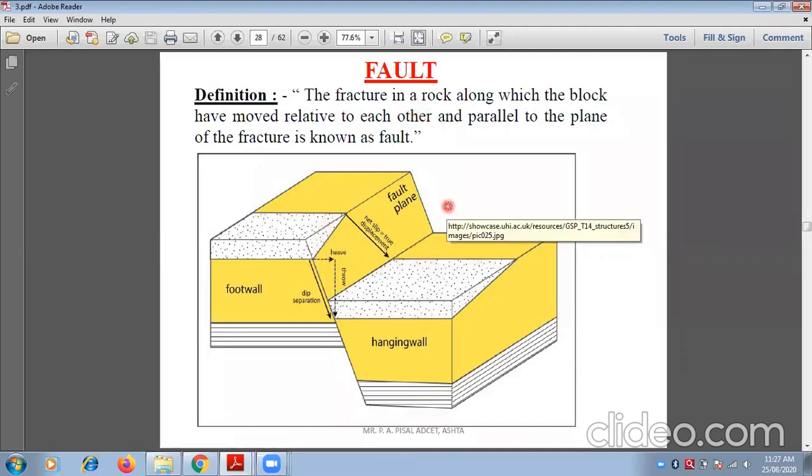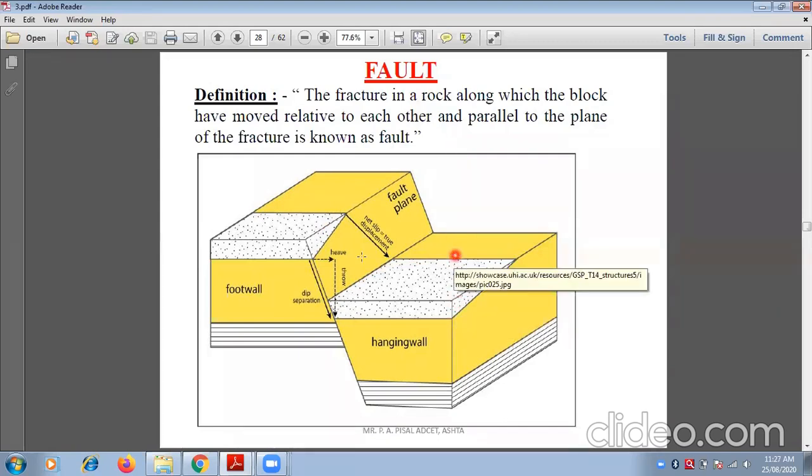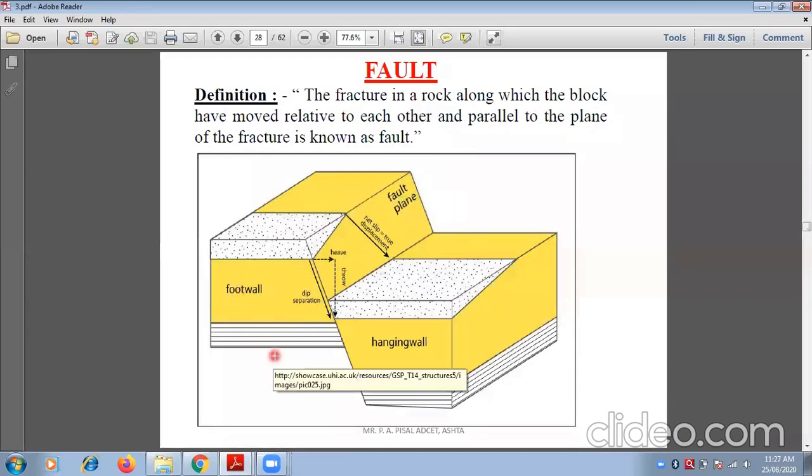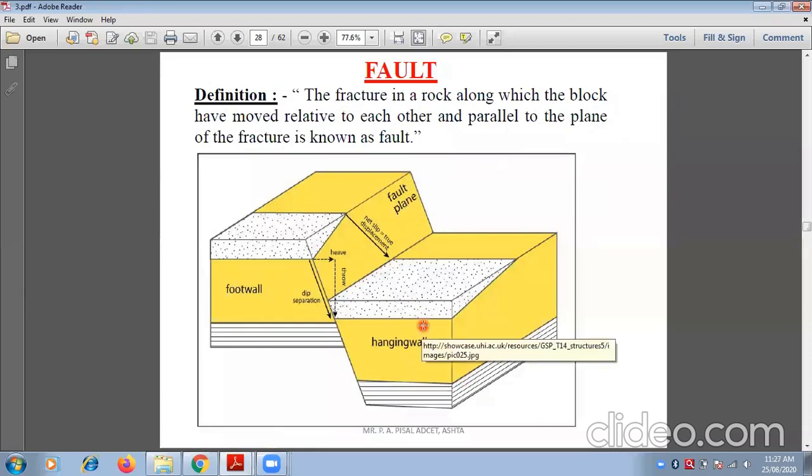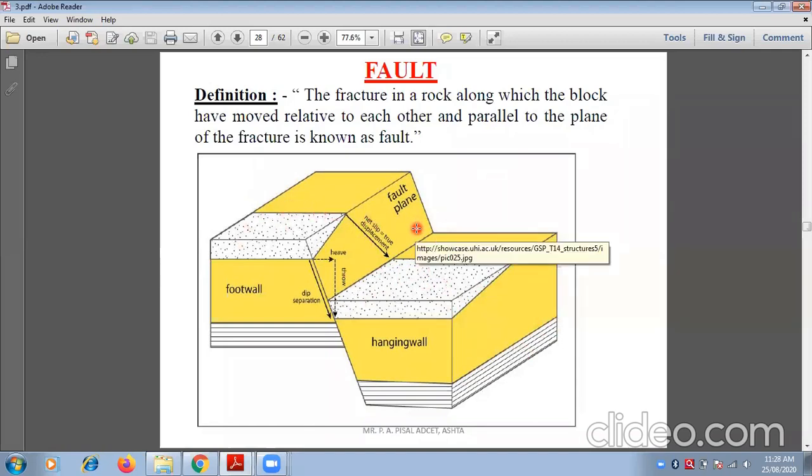How? Look here. This block is moved downward because the force is from the upper side, and this block moves upward because the force is from the bottom side. So the forces are in opposite directions. That's why this single rock block is moved into two separate blocks in opposite directions. Such a type of displacement is considered as a fault or faulting.